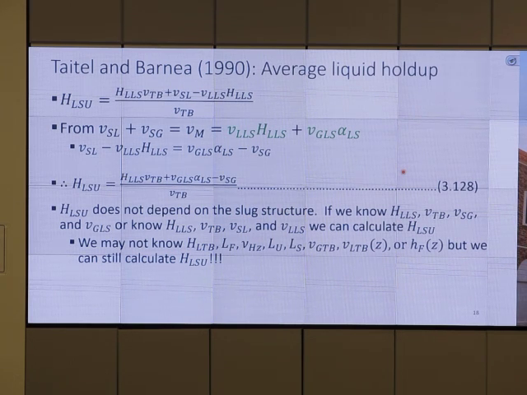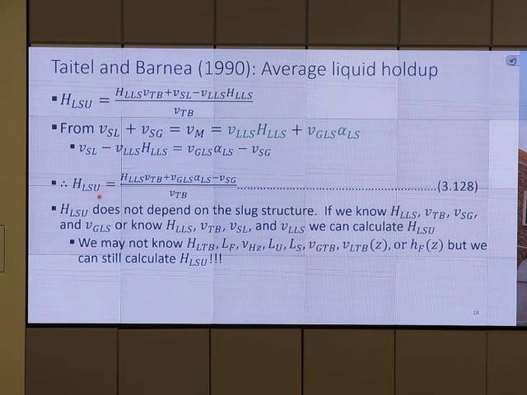So this time, when we look at this, HLLS is about 0.7. VTB you can do as VTB equal to 1.2 multiplied by VM plus 0.54 square root of GD cosine theta, and VGLS, alpha LS. So everything that you have here is enough to approximate HLSU.